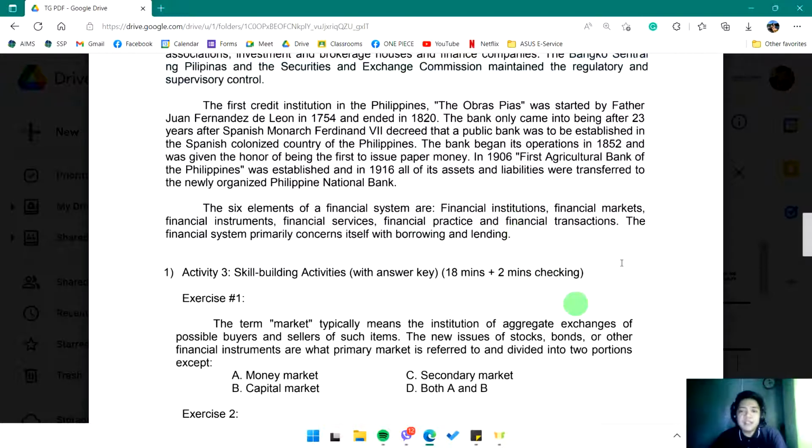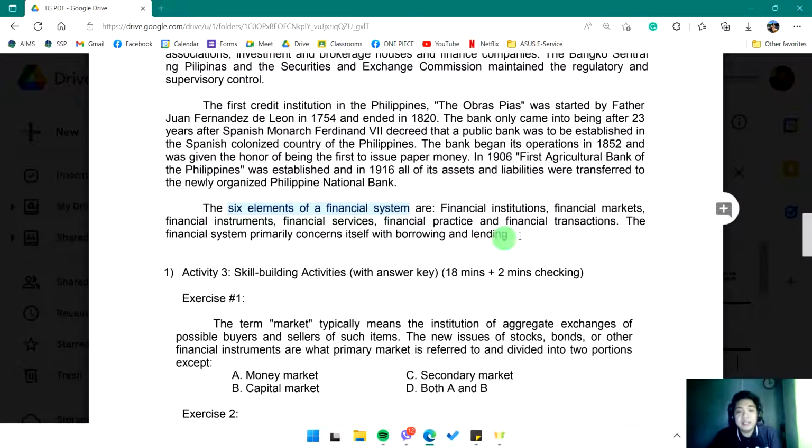Now, generally speaking, module number 1, we talk about the 6 elements of financial system. We have the financial institutions, which are yung mga banks natin, and other non-banking na financial institutions. We have here the financial markets, na-identify natin to kanina, financial instruments, services, financial practice, and financial transactions.